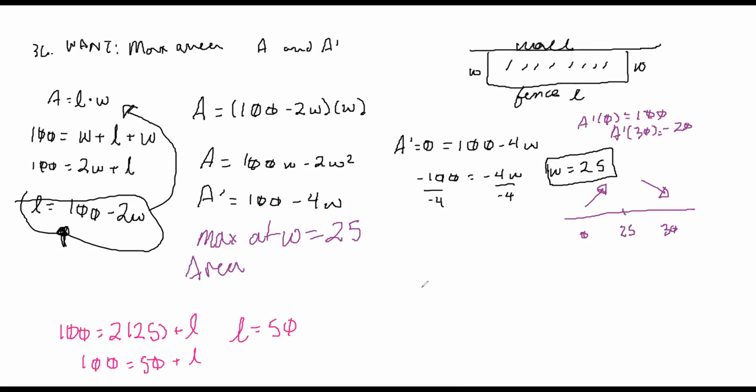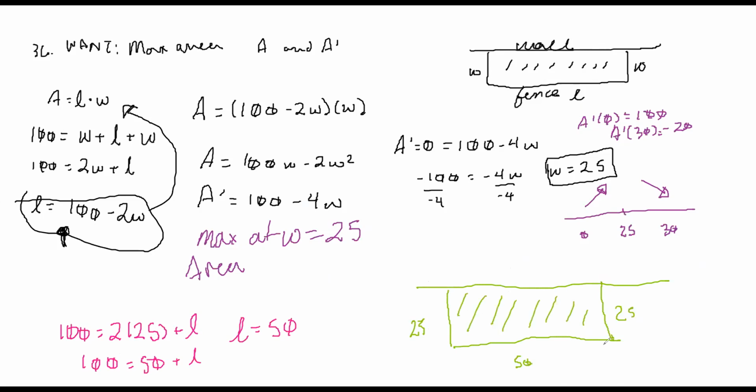I have my wall. I have 25 feet of fence, 50 feet of fence, and then 25 feet of fence. And this is how to maximize my area inside. If I were to have something different, if I were to have this wall and then 1 foot of fence, 98 feet of fence, and then 1 foot of fence, my area would be much smaller.